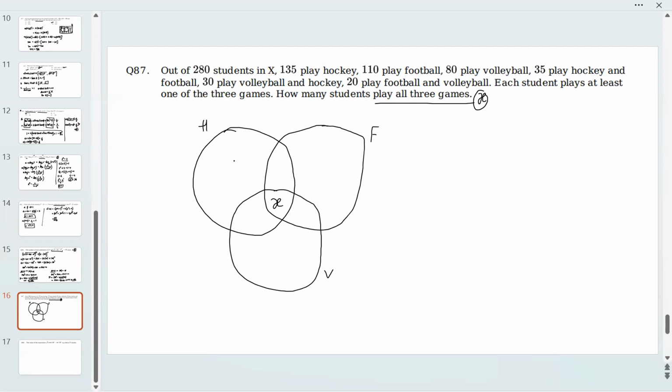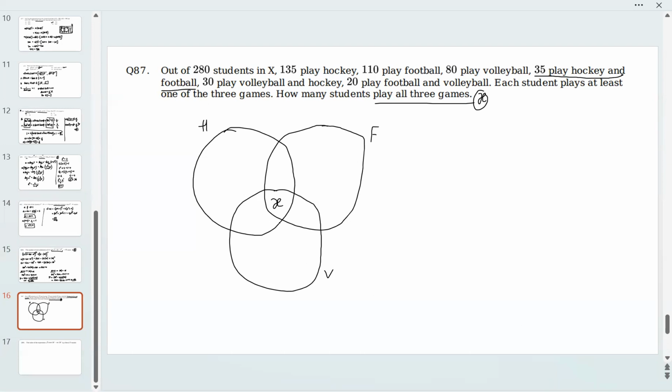Now, this total area is the intersection of hockey and football, out of which this is X. So 35 play hockey and football.